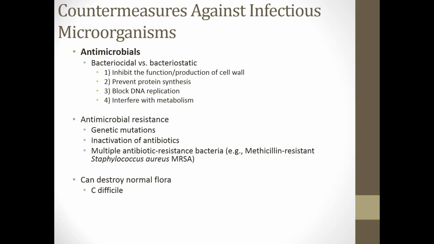All right. Now, this is where we really start to bring together what we talked about last week and this morning in terms of the different types of pathogens. We're starting now to talk about the countermeasures against some of these infectious microorganisms. Depending on what our infectious microorganisms are, you really do have to think about the issues we talked about last week: but wait, what about our immune system?